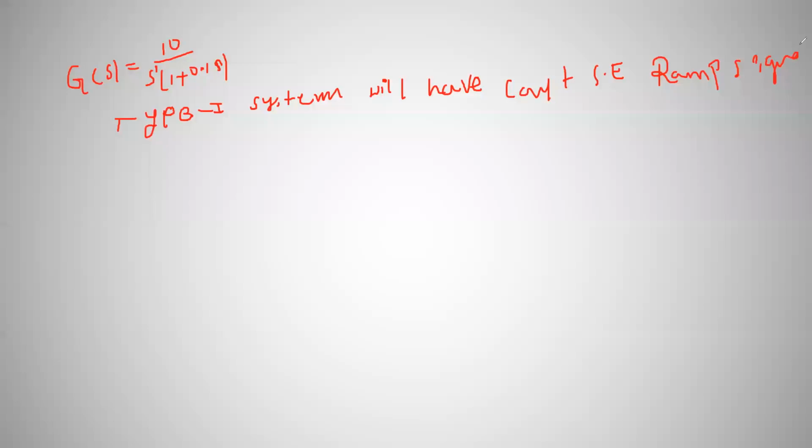Type 1 system will have constant steady state error when the input is ramp signal.